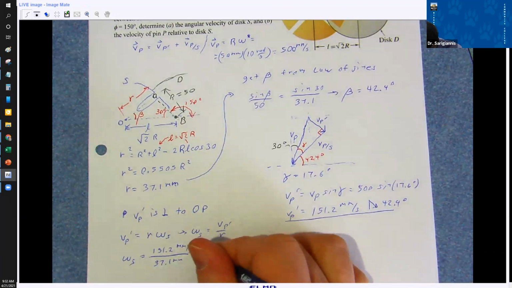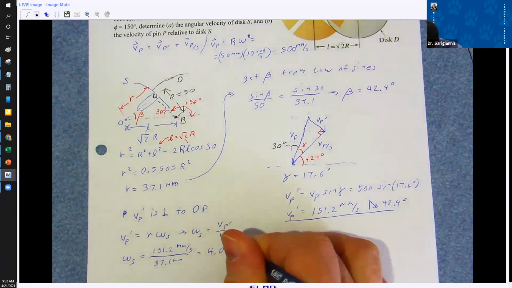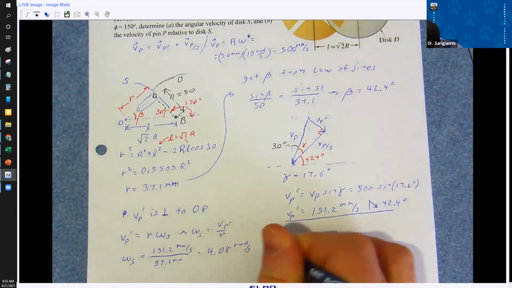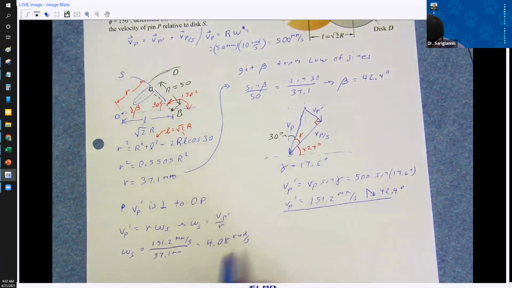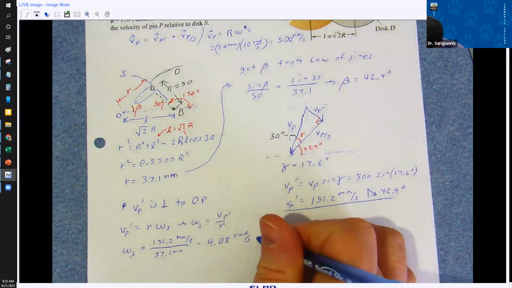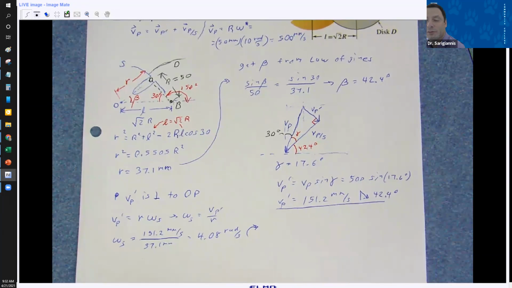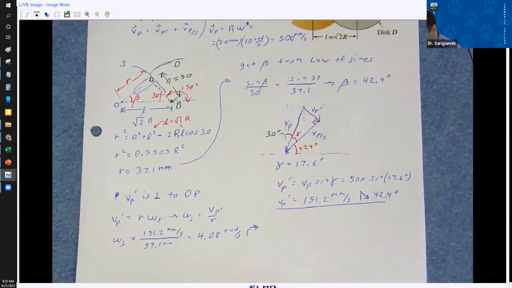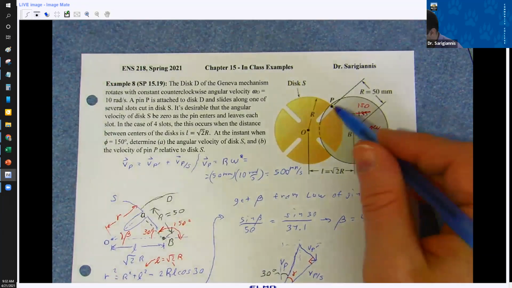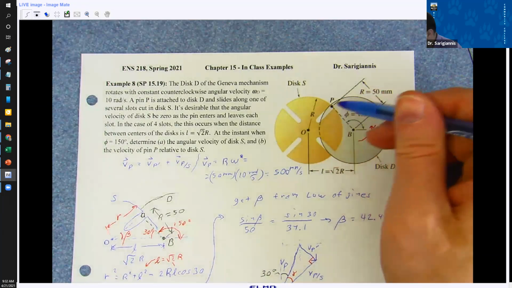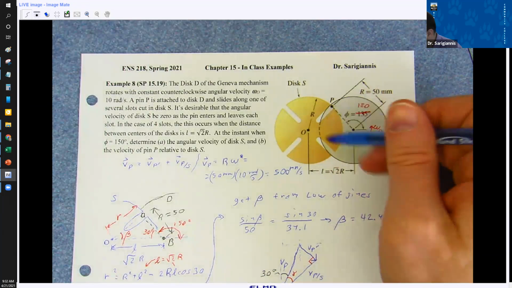This is 4.08 radians per second, and this is clockwise, right? You can kind of see that in the problem. This disk is rotating this way as this rotates and pushes it down.